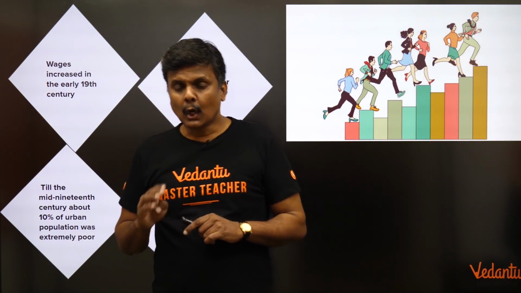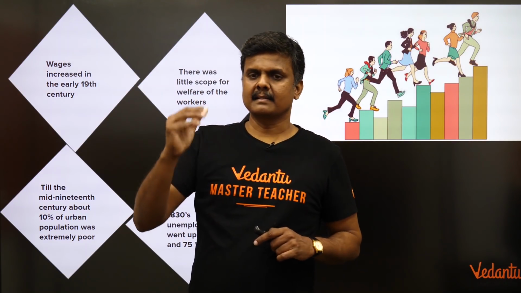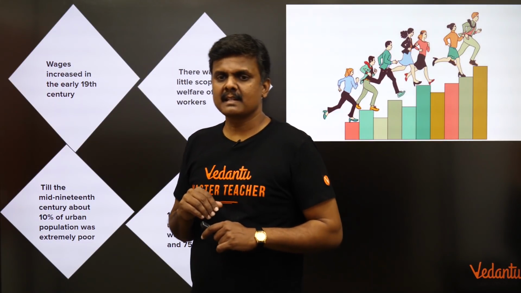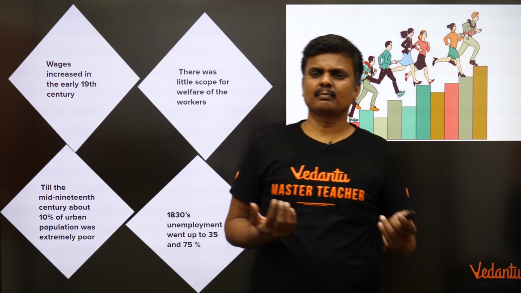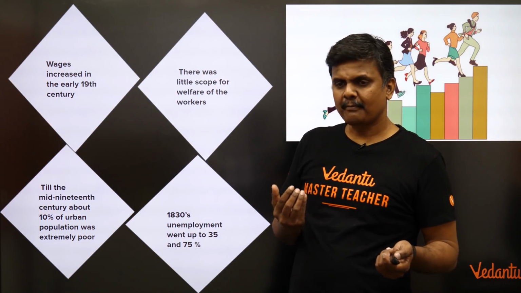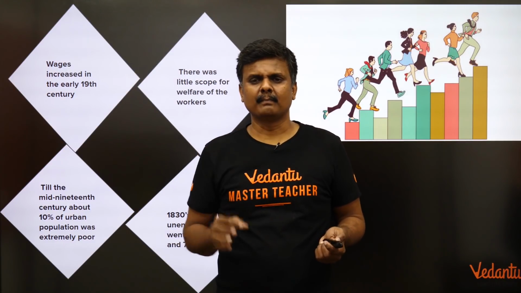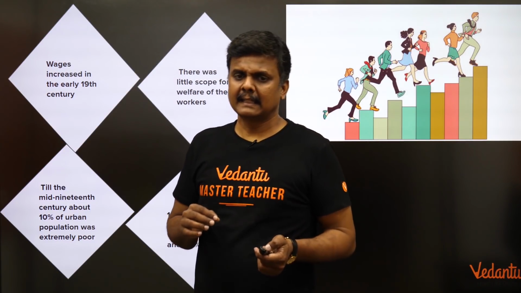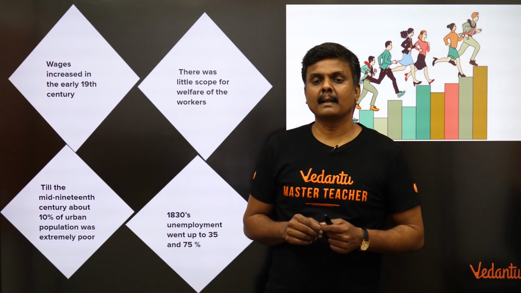Right? Slowly in the 19th century, the wages started increasing. Since the wages started increasing, there was little scope for welfare of the workers. Till the mid 19th century, about 10% of the population were extremely poor.